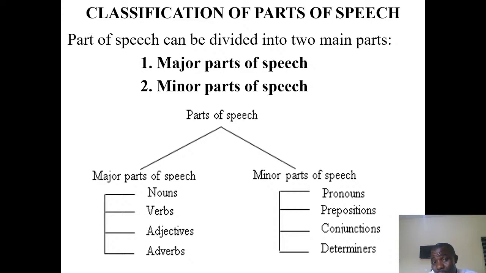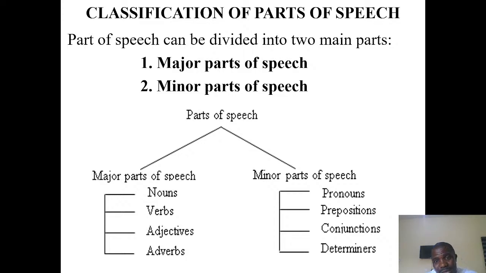Remember that even the word computer, in the last 100 years, there was nothing like computer. We were not hearing it. But today, the word has been coined into the part of speech of noun. So these classes, known as major parts of speech, can create words daily.